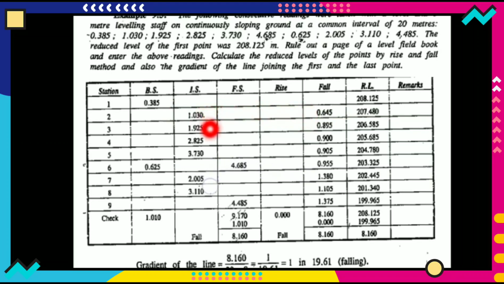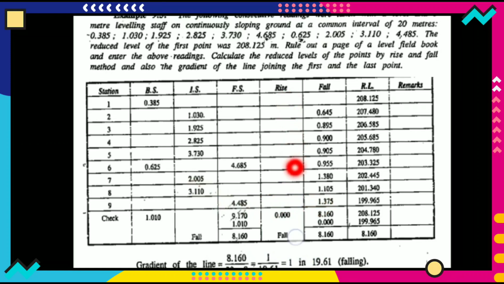This minus this is this, this minus this is this, this minus this is this, and this minus this is this. After this reading we take this reading, so this minus this is this, this minus this is this, and this minus this is this. So all readings are in the fall column.